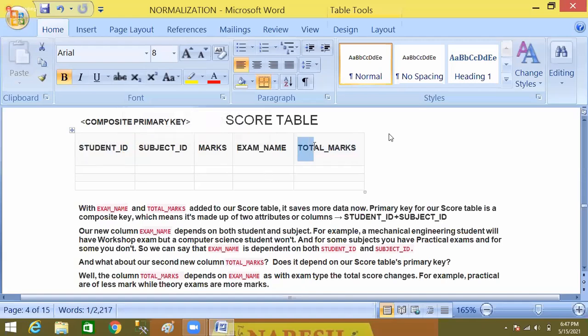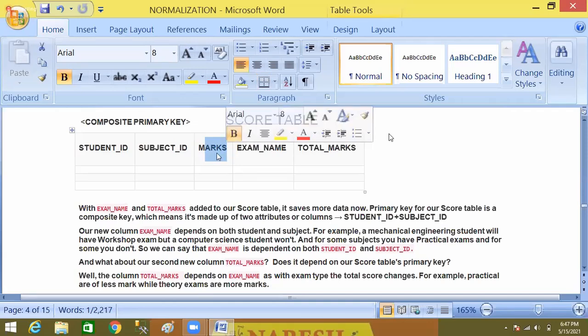Is total marks depending on examination name, or the marks column, or subject ID, or student ID? On which column is it depending? Everyone is saying that total marks depends on marks, but that is wrong.